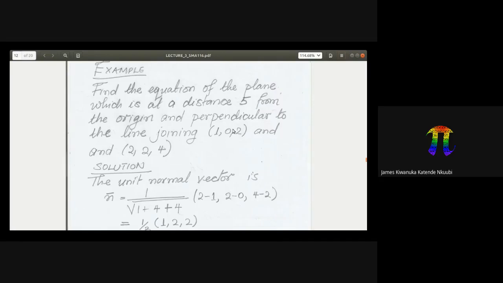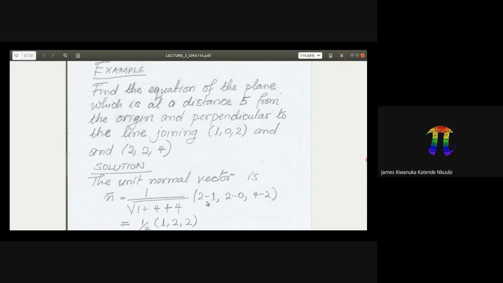To find a vector normal to the plane, you take the vector that runs from (1, 0, 2) to (2, 2, 4). It will be the difference in the coordinates: 2 minus 1, 2 minus 0, and 4 minus 2.